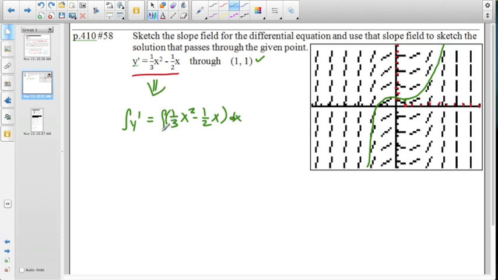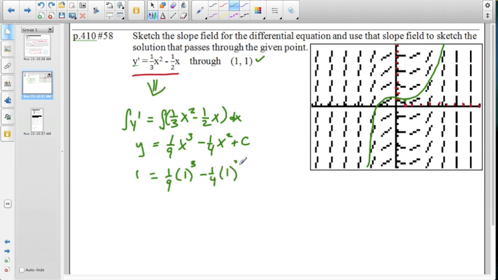Integrating this gets us 1/9 x cubed, and integrating this gets us 1/4 x squared plus c. As you can see, we do have a cubic here. We can substitute (1, 1) into this expression and actually get the particular solution. This one isn't terribly difficult to find a particular solution for.